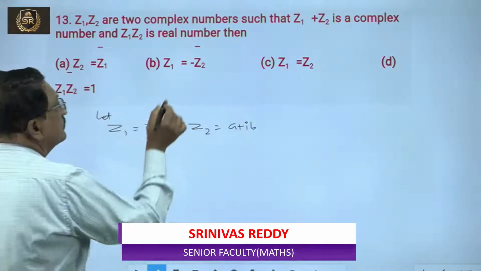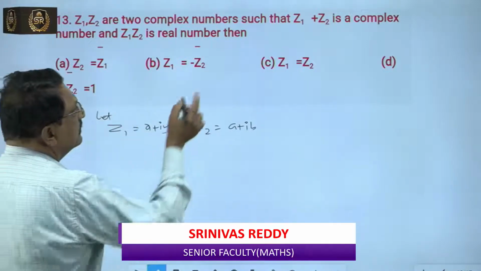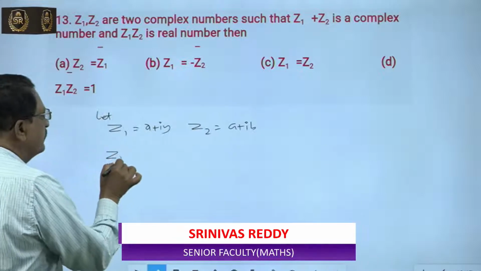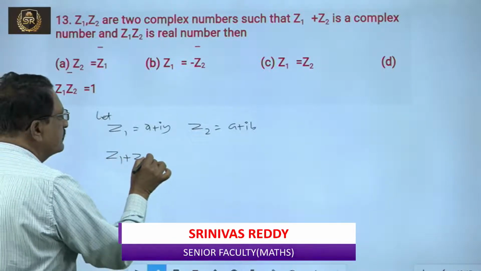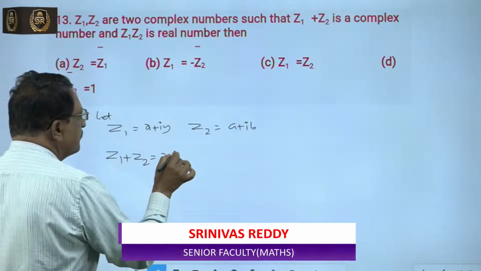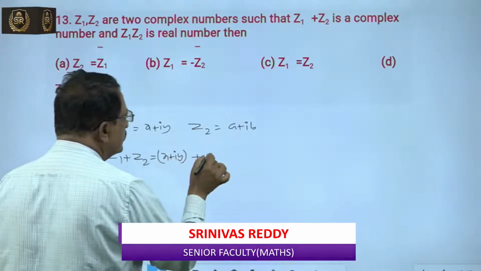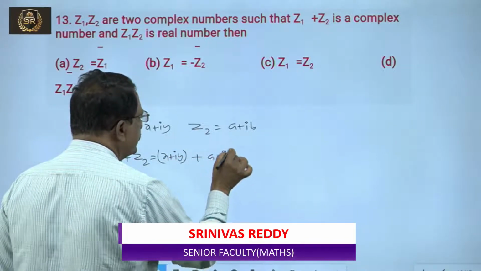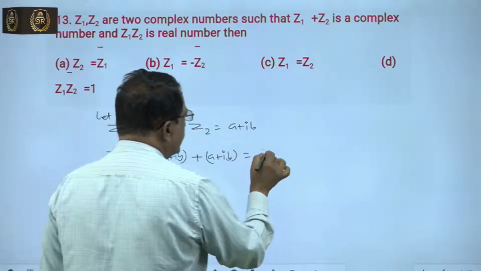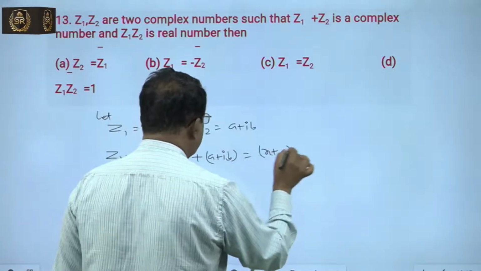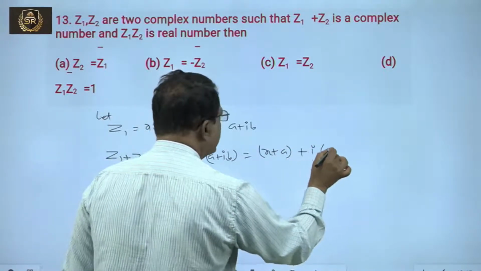Now Z1 plus Z2 equals x plus Iy plus a plus Ib, that equals x plus a plus I of y plus b.